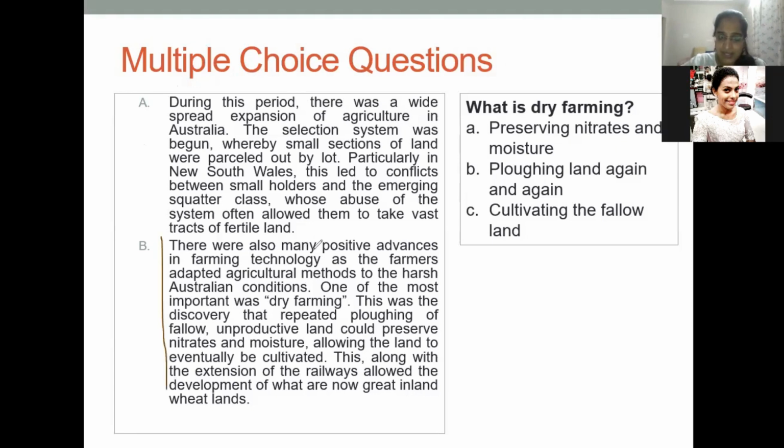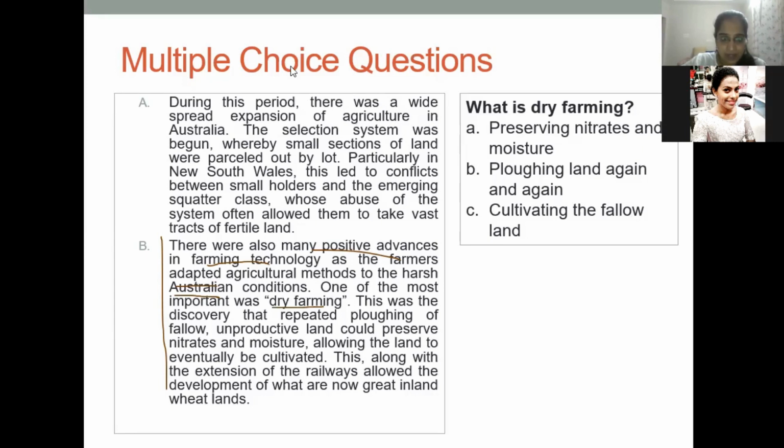It says positive advances in farming technologies adapted agricultural methods to the harsh Australian conditions. Very important was dry farming. What is dry farming? Let's quickly mark.